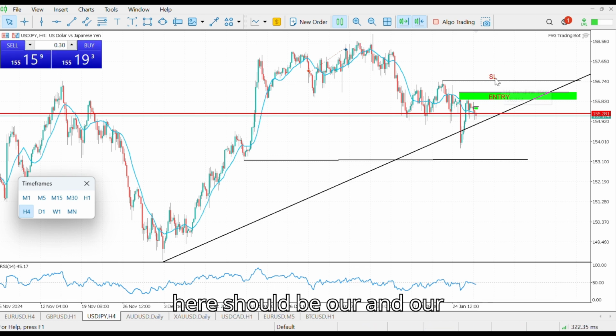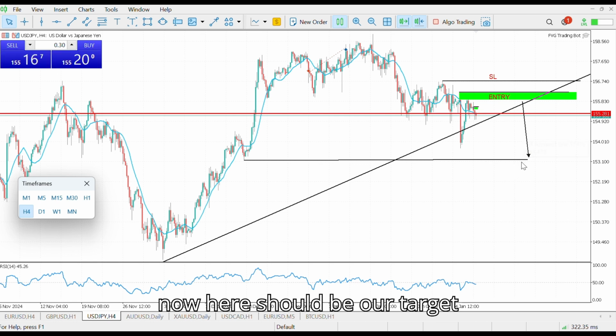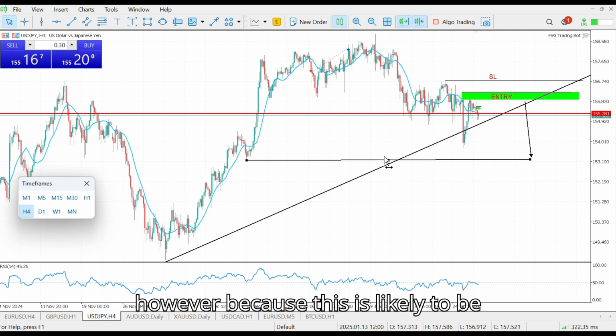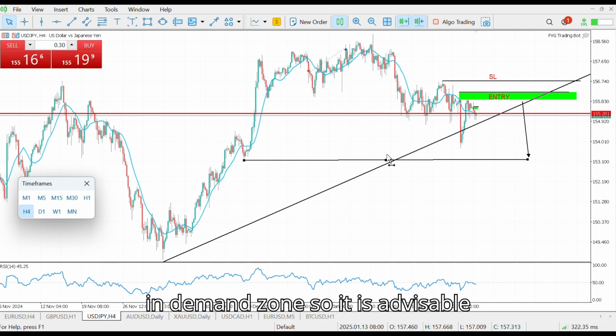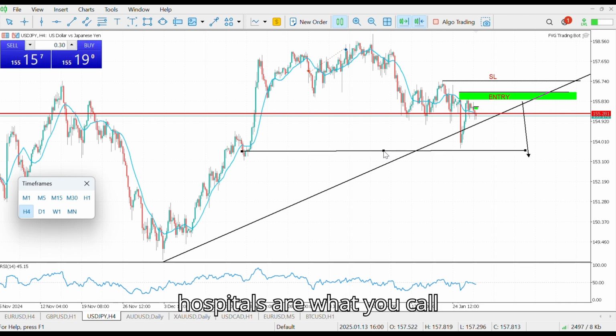So here should be our target, at the previous high. However, because this is likely to be a demand zone, it is advisable that we don't go all the way.